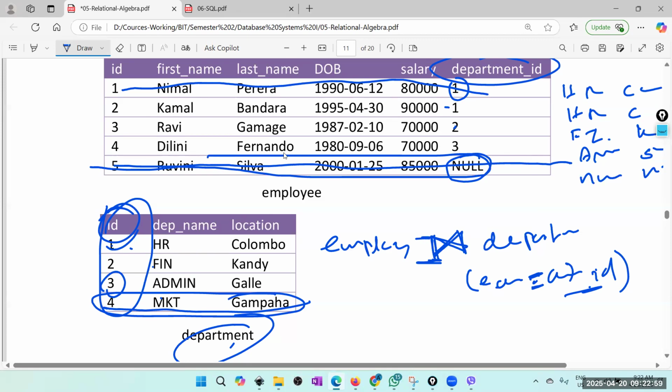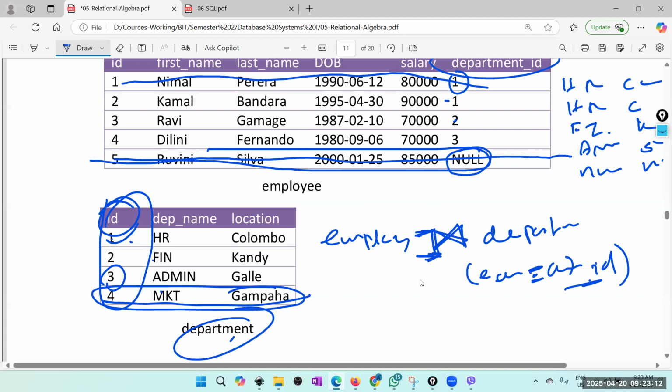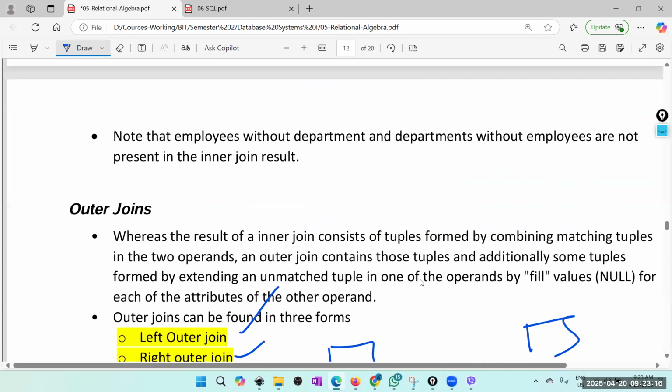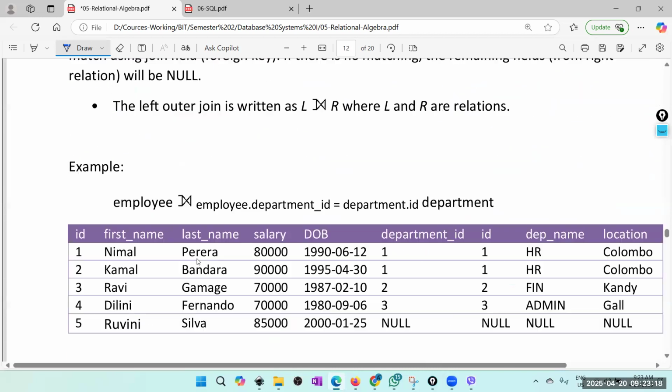But this record is there because it's a left outer join. So in left outer join, if your left table has 85 records, the result also has 85 records. That is not the case in inner joins. Right? So this is our left outer join.